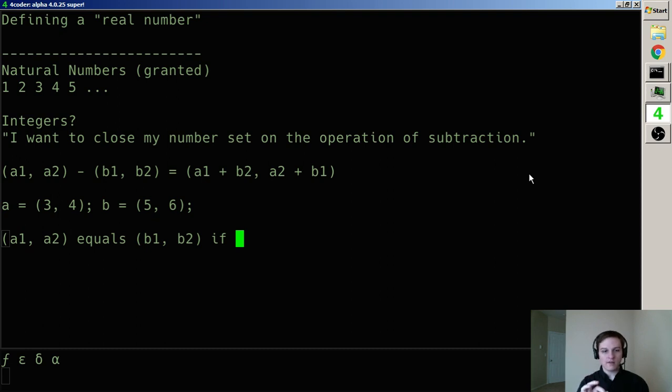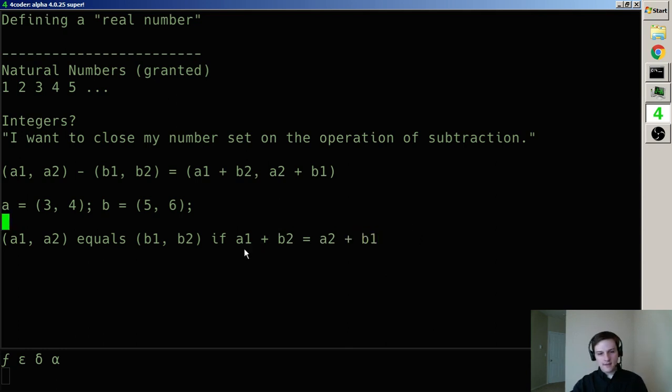We want this to be something that we are defining in terms of stuff we already know is solid. So when are these two things equal? Well, I can't just say when this is true, because if I say when this is true, now I'm doing that thing where I subtract, and I can't subtract natural numbers and guarantee I get a result. But what I could do instead is I could say this.